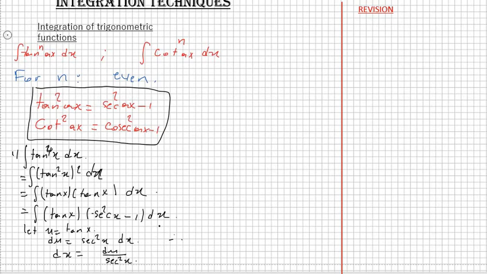So now the next thing is to replace. We have 2 there, 2 there, and so this is actually the result of tan to the power of 2x.